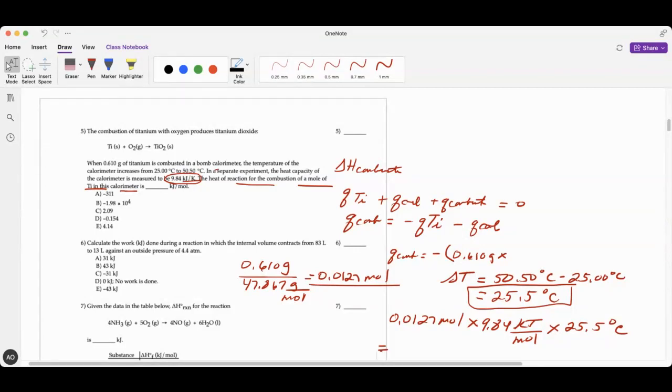The delta T is the same as Kelvin because it's a temperature difference. So, what is this? Kilojoules. Oh, kilojoules per Kelvin. Okay.